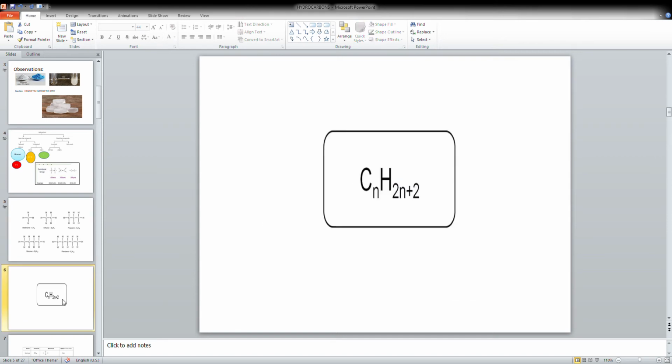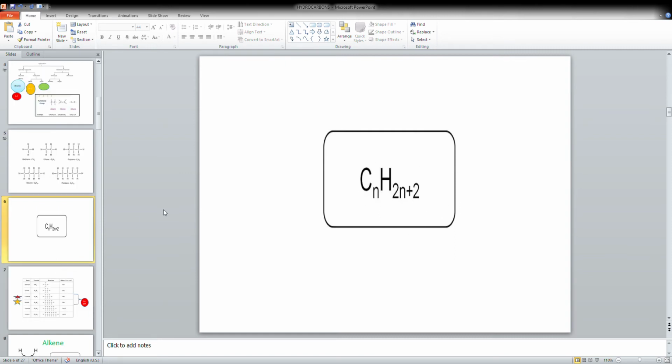So we can write the common formula for alkanes: CnH2n+2. Suppose 1 carbon, then hydrogen is 2 plus 2, that means 4, CH4, the simplest alkane. Likewise, this is the formula of any alkane. That's enough for the alkane general formula.